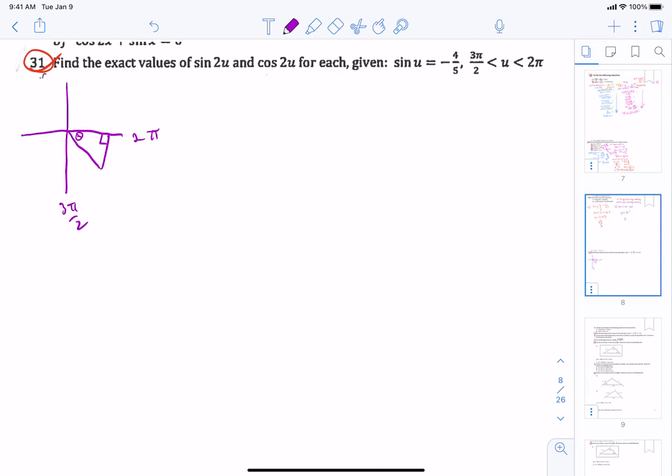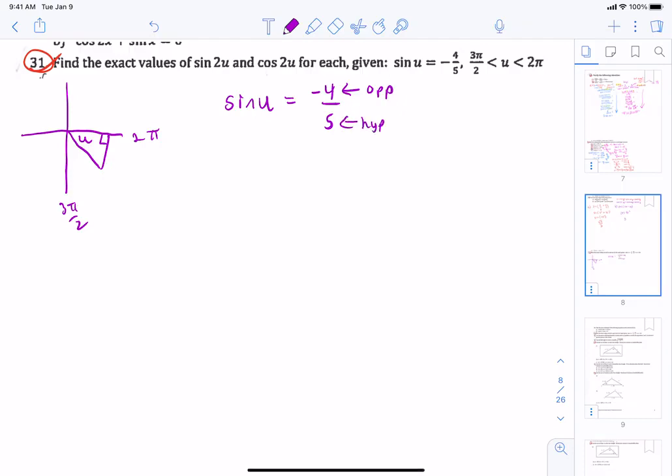Now, if you think about sine being negative 4/5, if we build a triangle, well, actually, this is u. If we build a triangle like that, we can make this the opposite and this the hypotenuse.